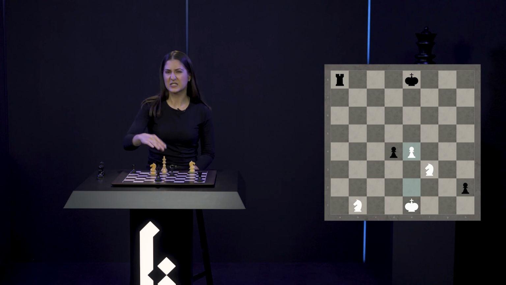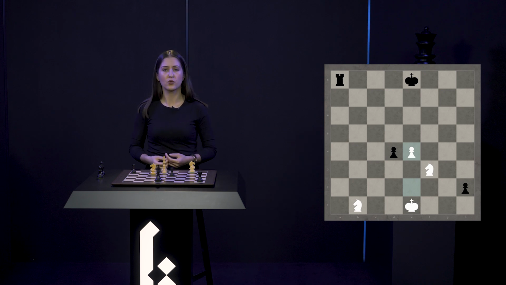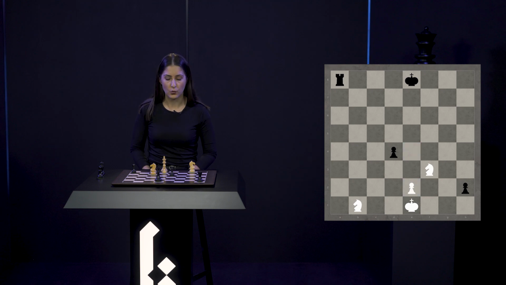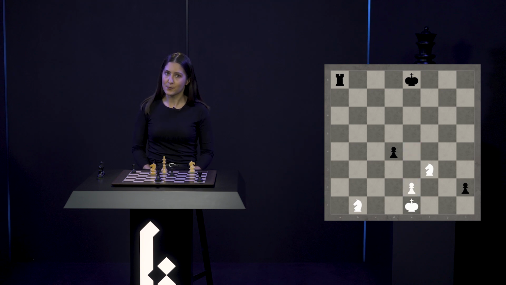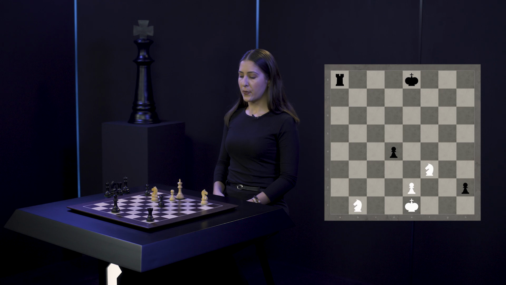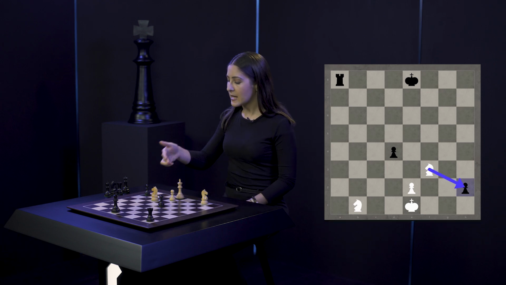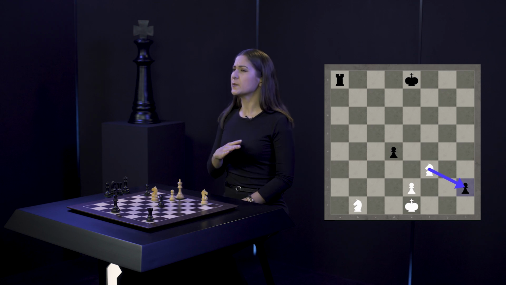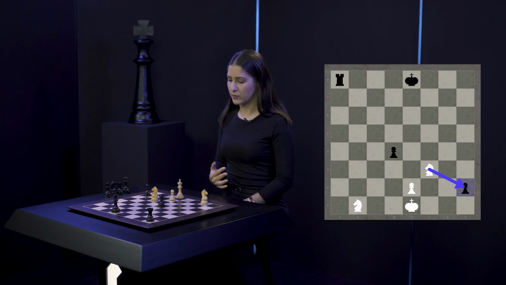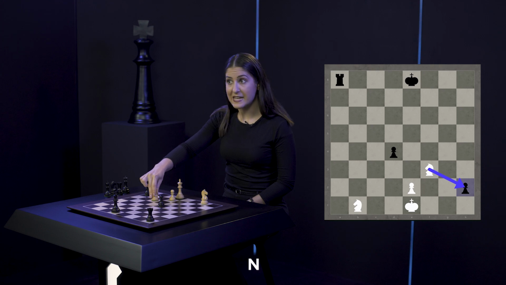Now, we need to see some special moves. How do we indicate special moves? Let's start with the capture. What happens if here white is moving and capturing a pawn? Well, it's basically very similar to a normal move. You will write knight.